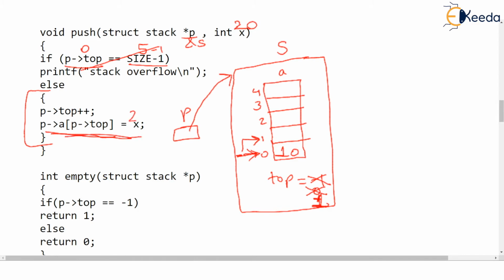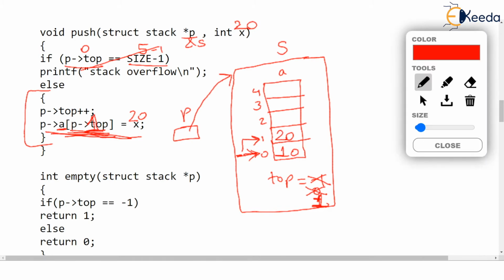A[P arrow top] = X, where X is 20. Then 20 will be stored by the array A. But which location? In the square bracket, we have written P arrow top, and P arrow top, just observe, is 1 right now. So A1 becomes 20. That's right, A1 becomes 20. And that's it. After that, the push function ends.